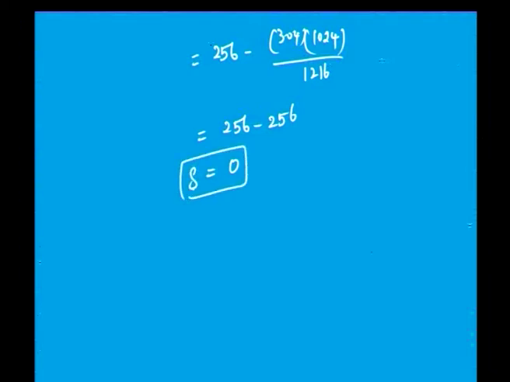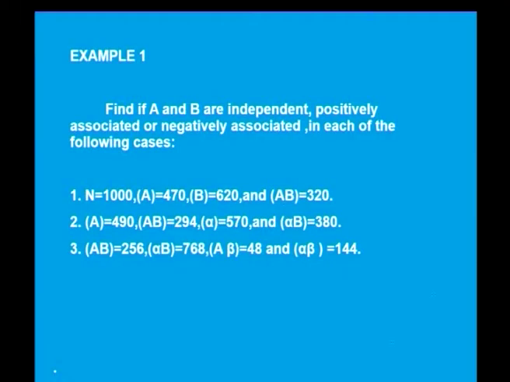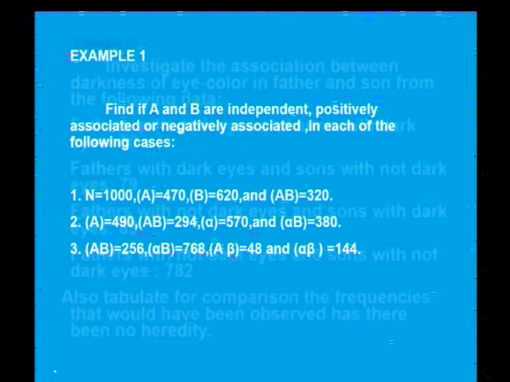So, delta is equal to 0 implies A and B are independent. So, in the first subdivision, A and B are positively associated, in the second subdivision A and B are negatively associated, and in the third subdivision we have got A and B as independent. So, this problem is solved.